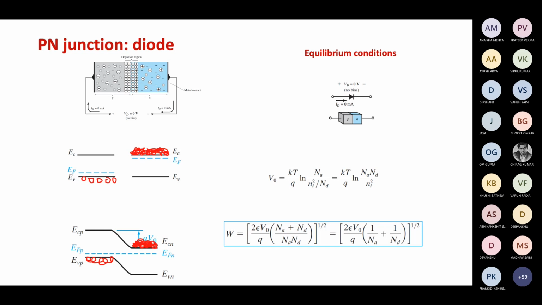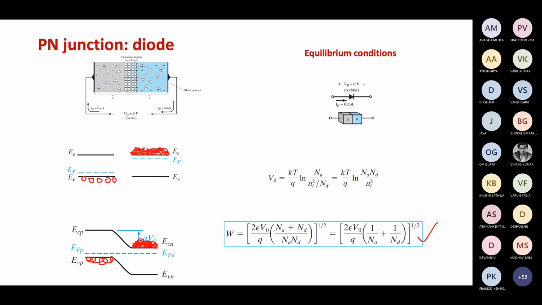Okay, so somebody last time asked about the width of the depletion region. How wide is this depletion region? This is after doing the electrostatics of the junction, after solving Poisson's equation in the junction, with charge neutrality and all those boundary conditions that you would see in coming courses. This is the final expression that is obtained.